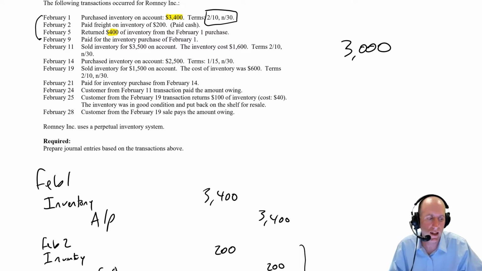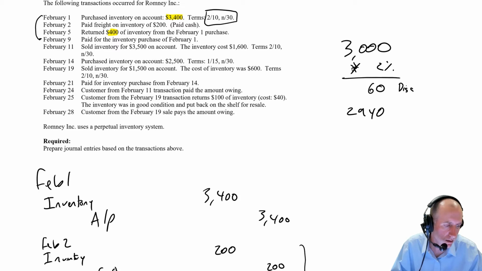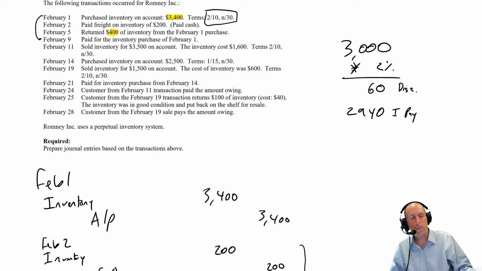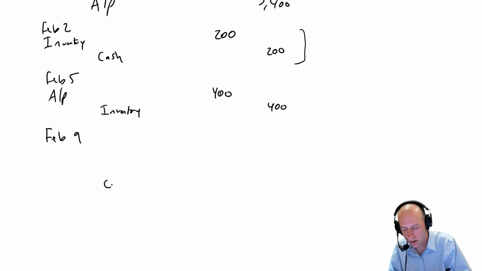Yes. So I get a 2% discount, which is a $60 discount, meaning I pay $2,940, right? $2,940 I pay, $60 is discount. So I credit cash $2,940 on February 9th.